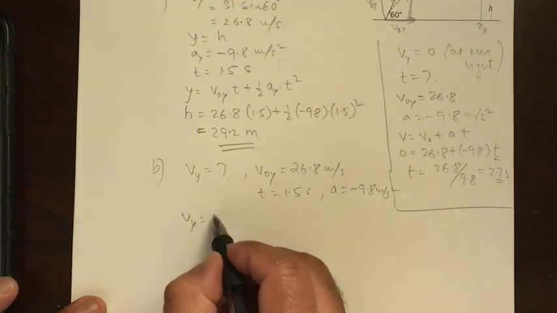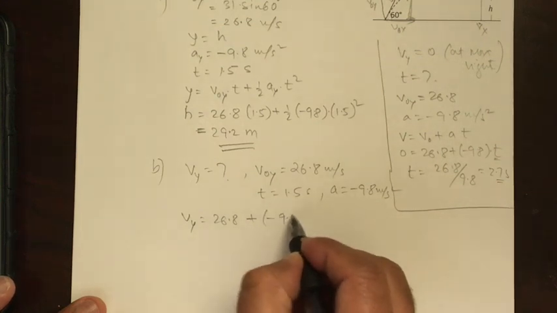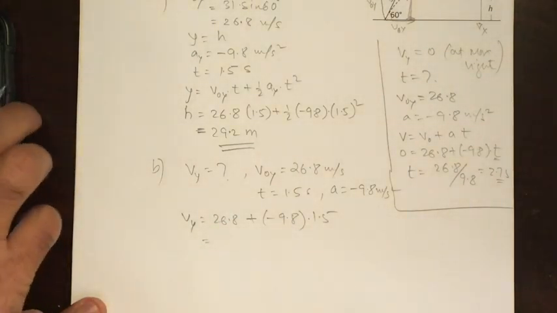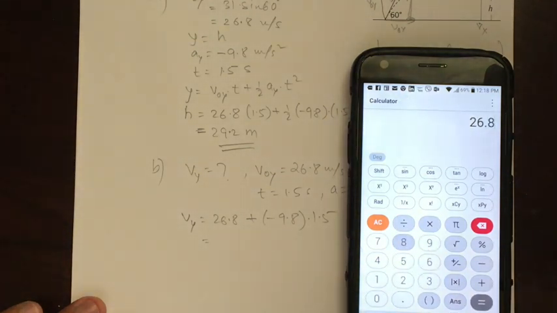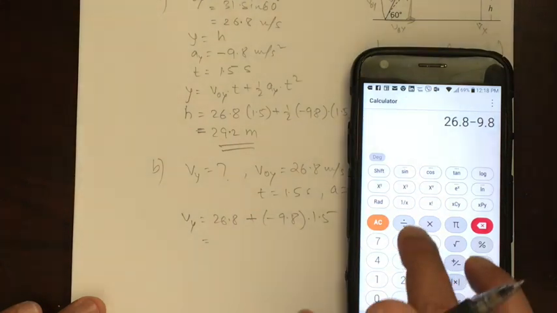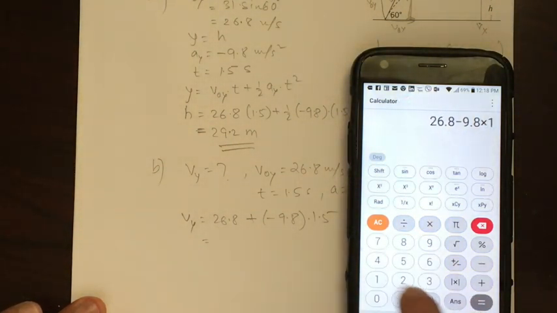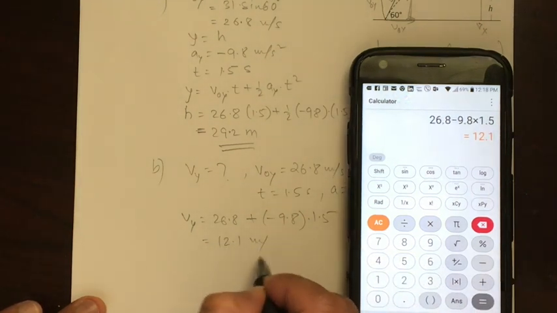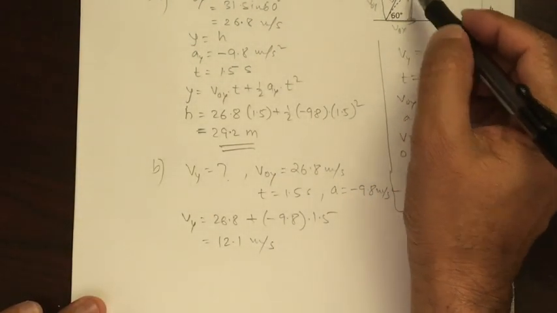Vy equals V0y, 26.8, plus negative 9.8 times 1.5. So 26.8 minus 9.8 times 1.5 gives 12.1 meters per second. So now you have the velocity here, 12.1 meters per second going up.